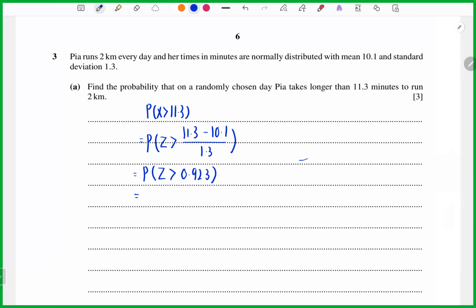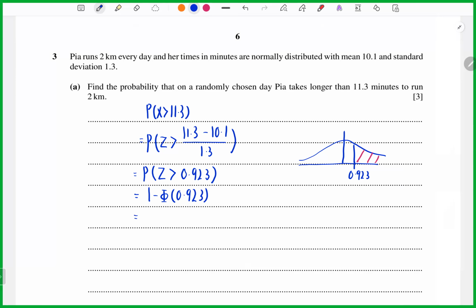Okay, now I sketch the graph. Now you see it's more than, right? It means the probability will be less than 0.5. So you should write here 1 minus 0.923.